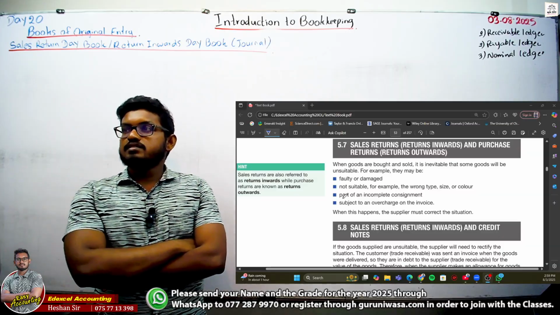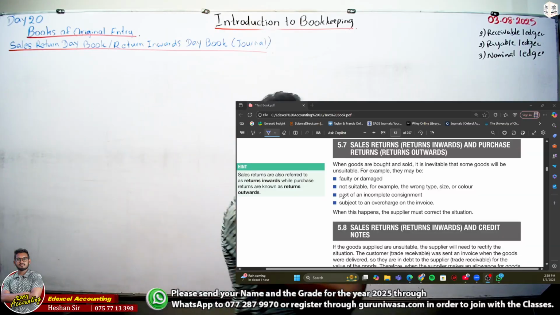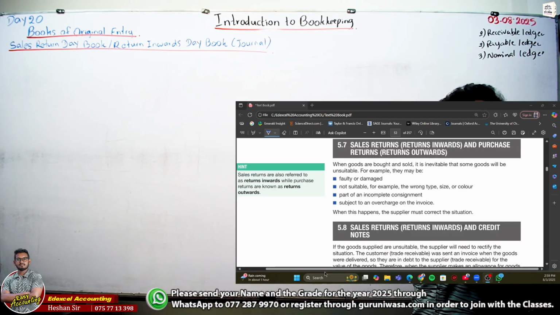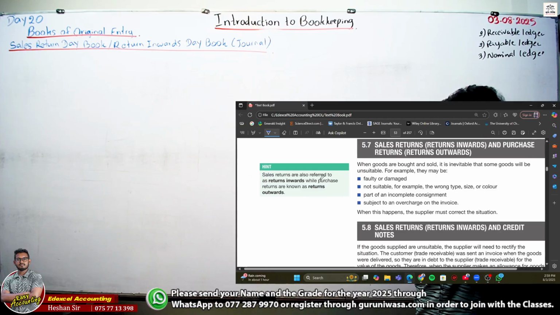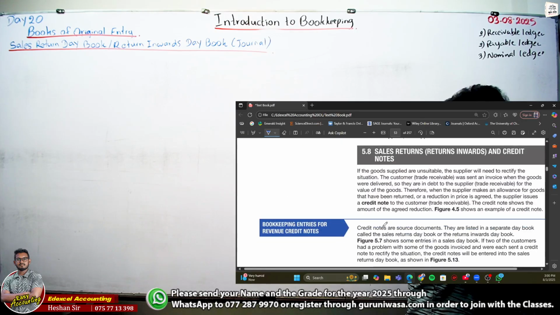When this happens, the supplier must correct the situation. You can see sales returns are also referred to as return inwards, while purchase returns are return outwards. When the purchased things are returning, we call it outward from the customer's point of view. From the supplier's point of view, when the sold things are returning, we call it in, right?